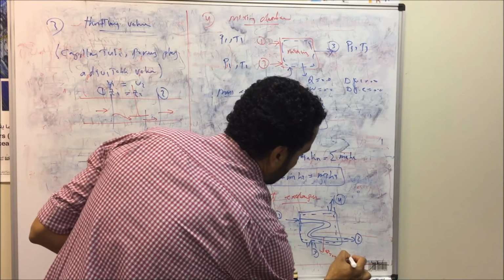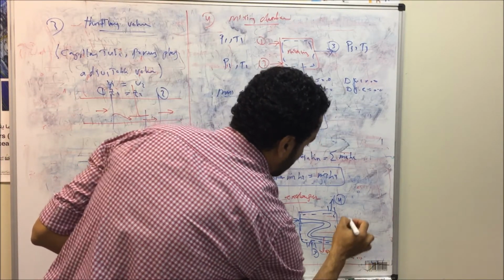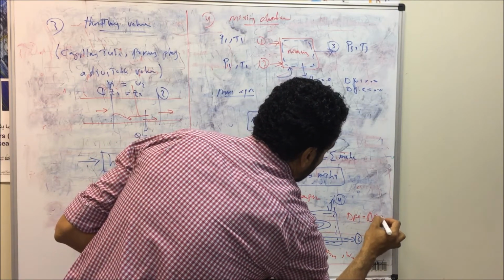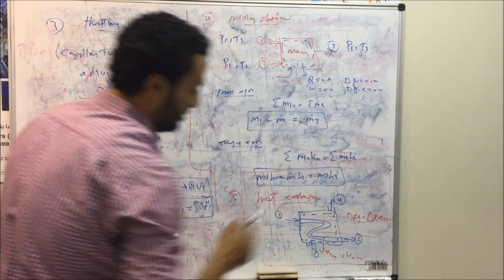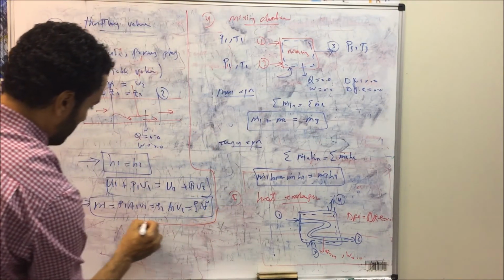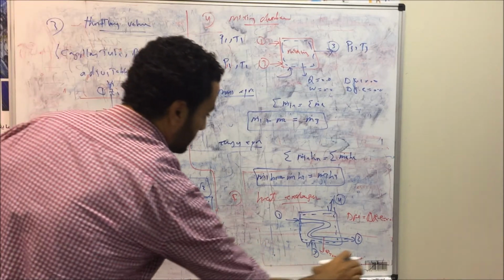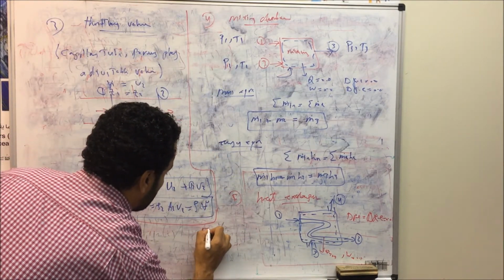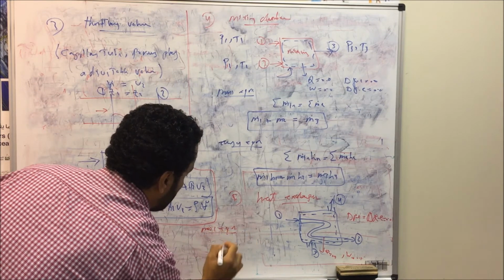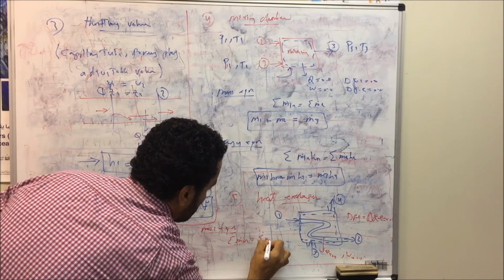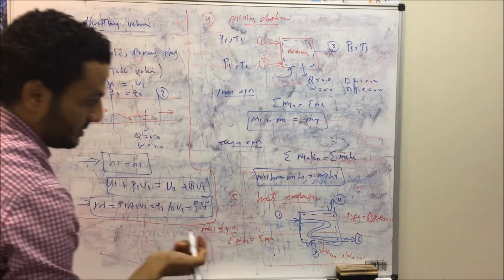In this case, we also don't have work, and the changes in potential energy and kinetic energy are neglected, equal to 0. So in this case, the equations will be reduced also. Down here, the mass equation will be reduced to summation of m dot inlet equal to summation of m dot exit.